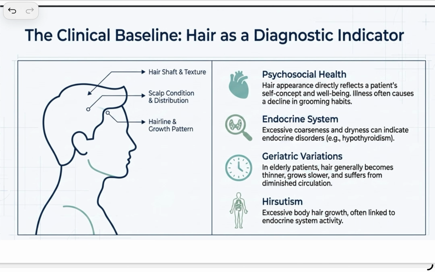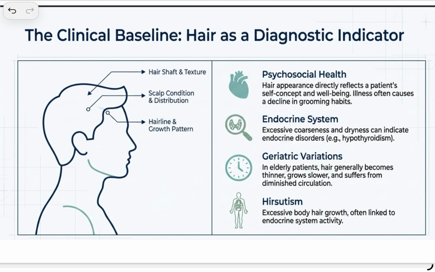Which is the actual cause of the hair disorder? Is the hair disorder due to drugs, or due to some disease condition? Is it an endocrine system disorder? That we need to check. Especially, sir, which endocrine disorder will cause the problem of hair disorders? That is especially hypothyroidism.